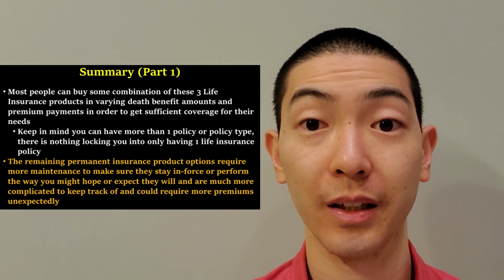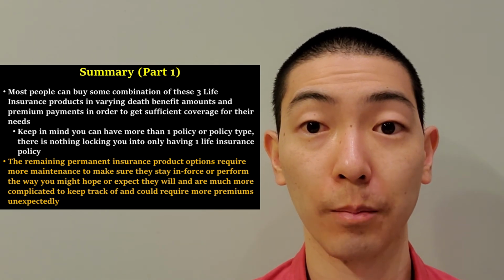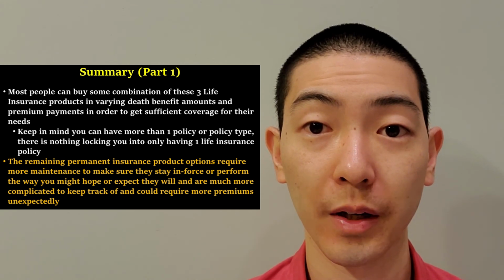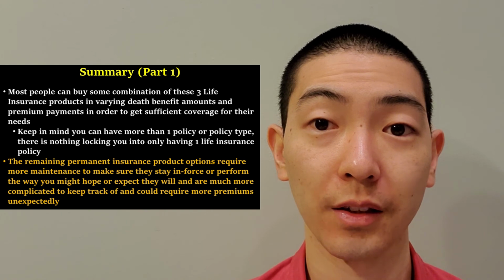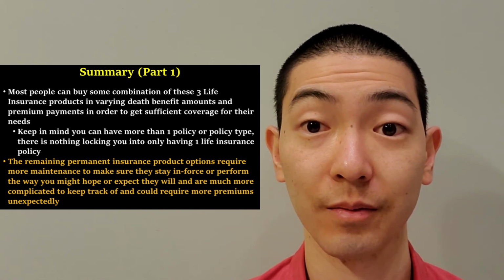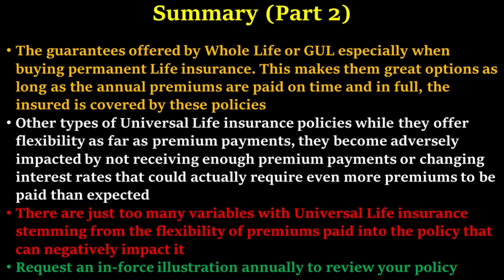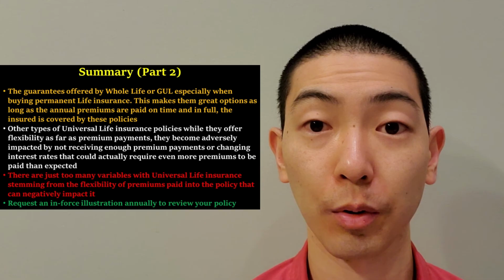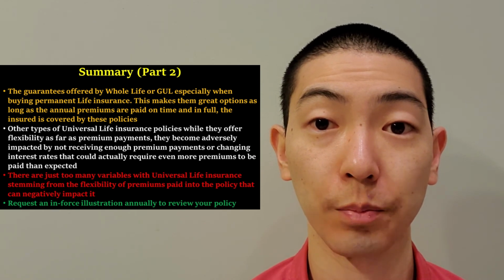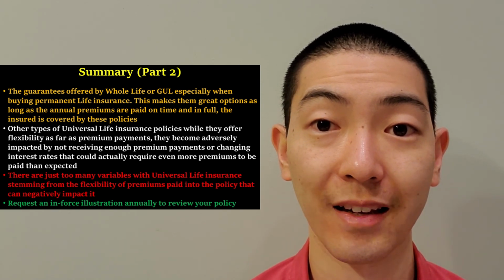The remaining permanent insurance product options require more maintenance to make sure they stay in force or perform the way you might hope or expect they will, and are much more complicated to keep track of and could require more premiums unexpectedly. The guarantees offered by whole life or GUL, especially when buying permanent life insurance, make them great options as long as the annual premiums are paid on time and in full.